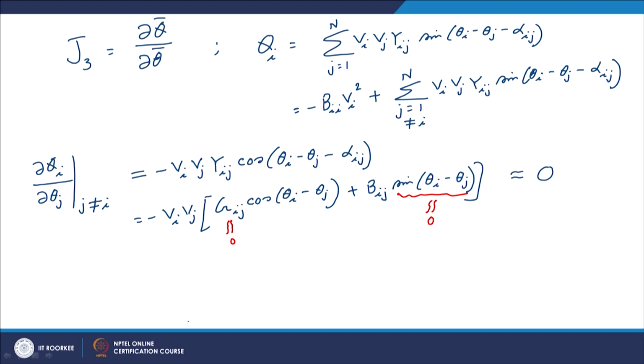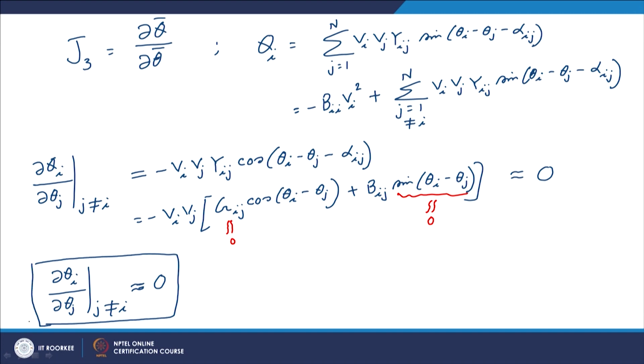So, we have the result that del Qi by del theta j, j not equal to i, is approximately equal to 0. We should not say it is exactly 0, but under these assumptions it is 0.